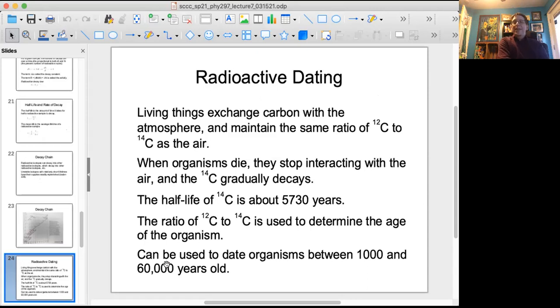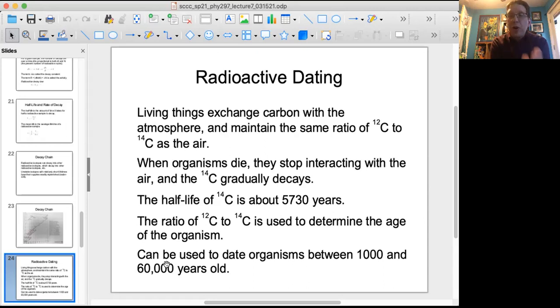Radioactivity makes it possible to determine the age of certain things. So we'll start with carbon dating. Carbon-14 is a radioactive isotope of carbon. Living things exchange carbon with the atmosphere and maintain the same ratio of carbon-12 to carbon-14 as the air.